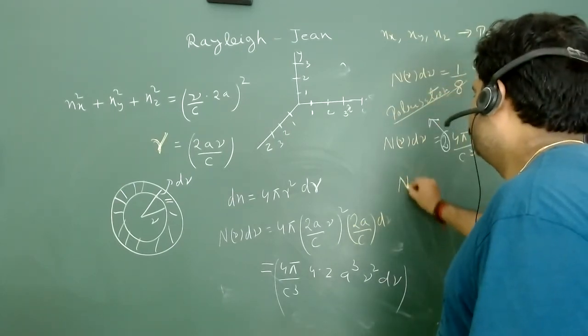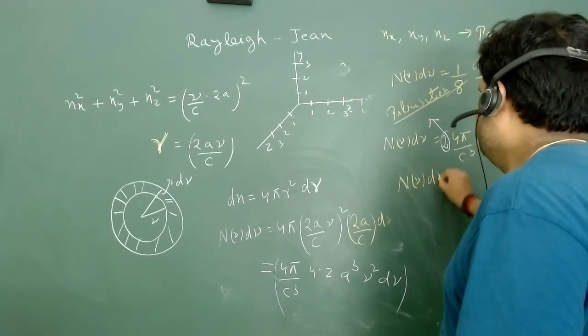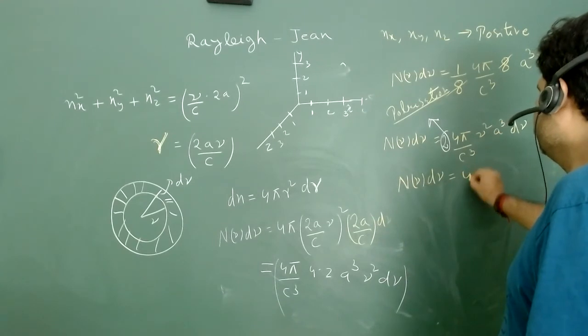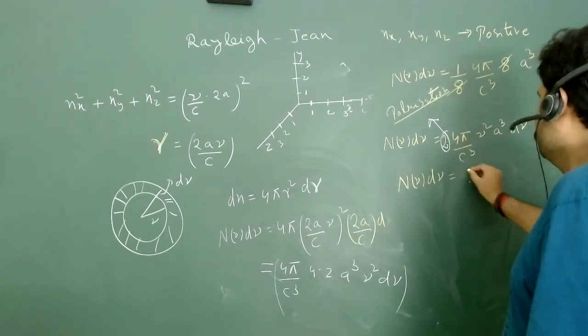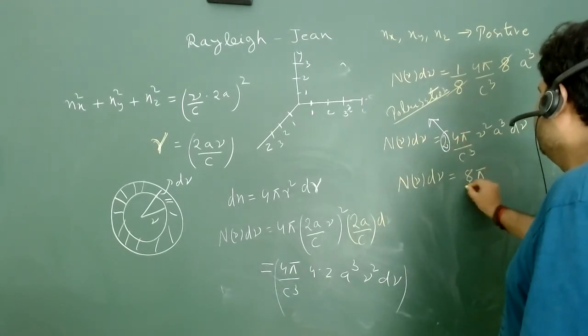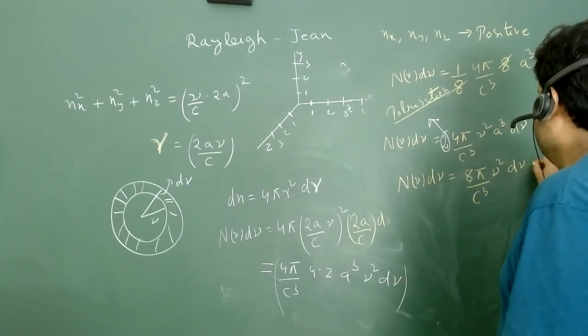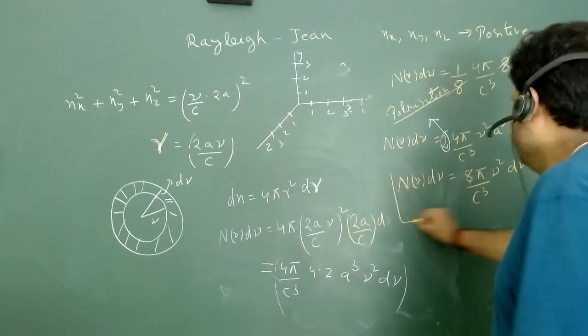So we have n nu d nu is equal to, basically we can calculate, that will be 8 pi upon c cube nu square d nu into volume. A cube is the volume.